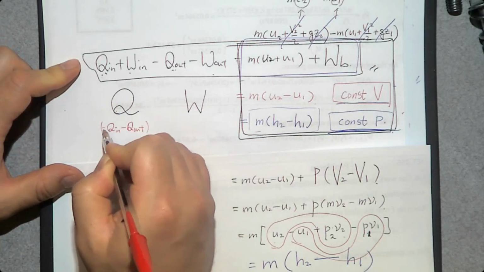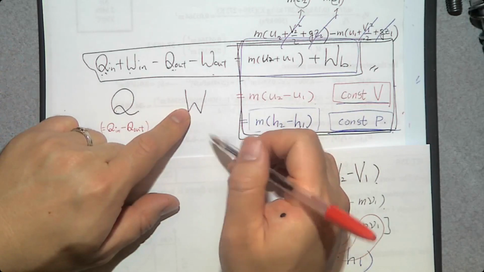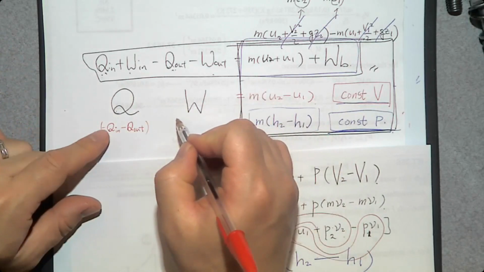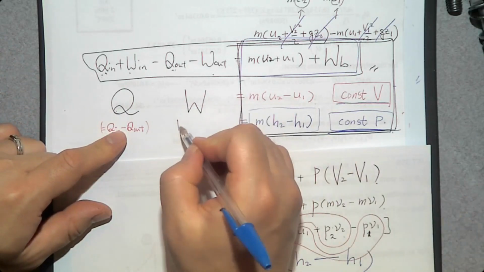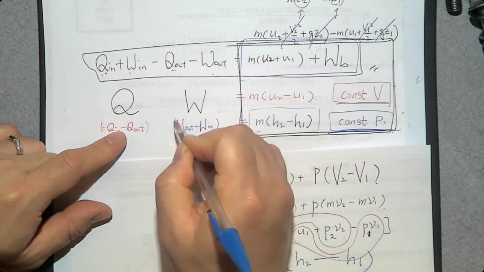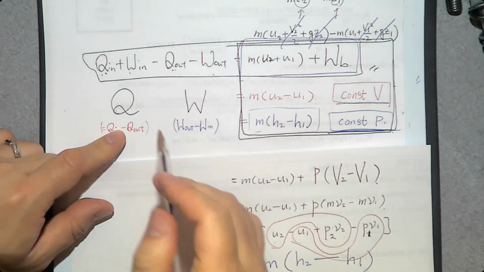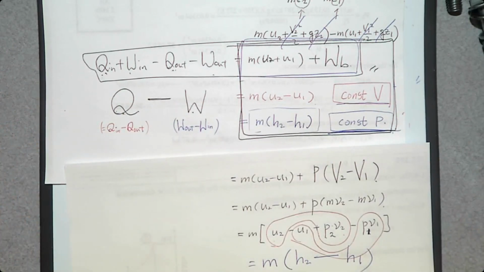But when we determine W, net energy transfer by work, it is not W in minus W out. It is W out minus W in. So the sign between Q and W should be negative. So you have two options.